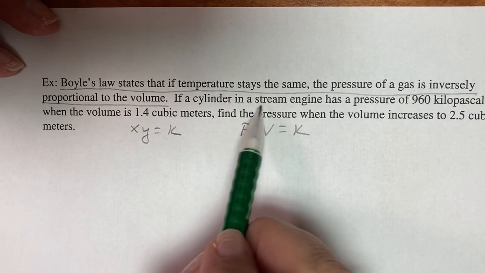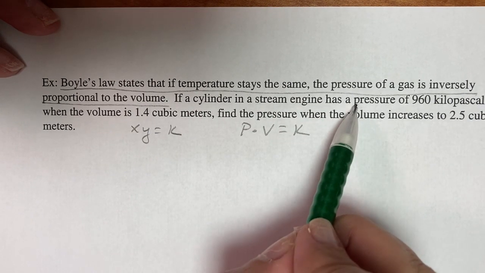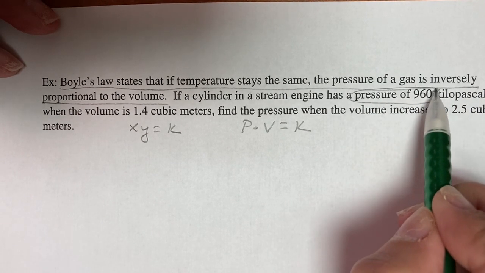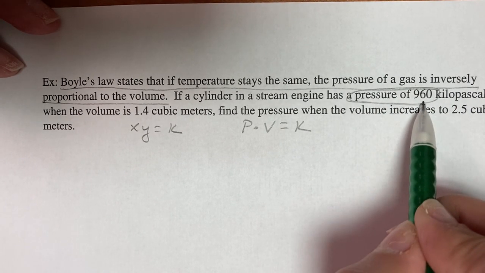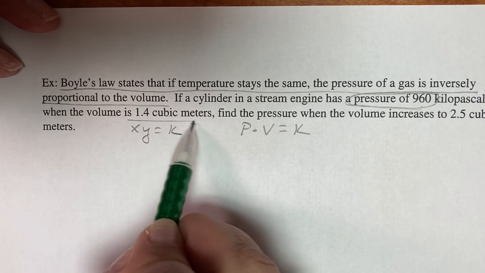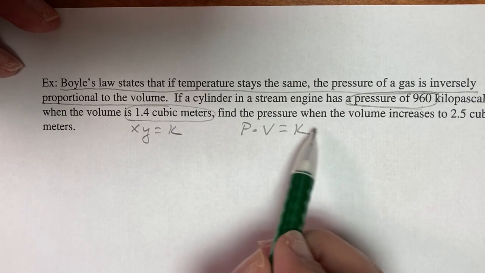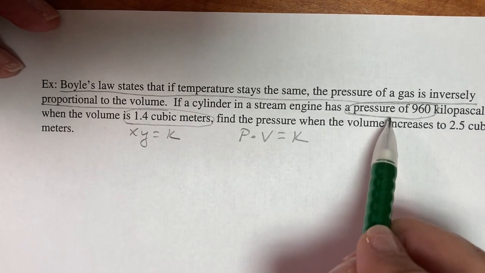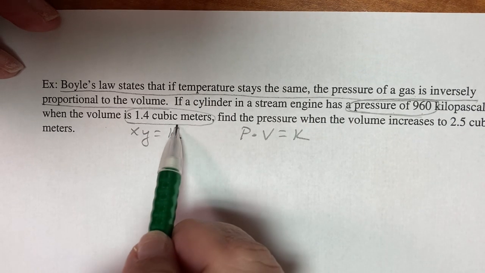If a cylinder in a steam engine has a pressure of 960 kilopascals, so that means that my P is 960 when the volume is 1.4. Find the pressure when the volume increases to 2.5. So again, I'm given a pressure and a volume that go together.